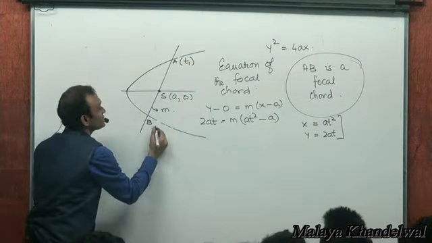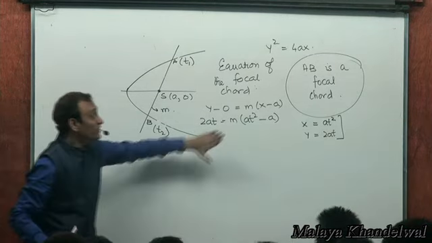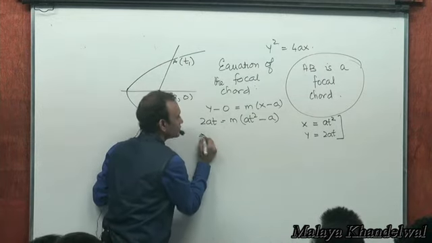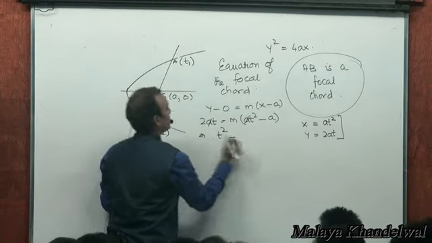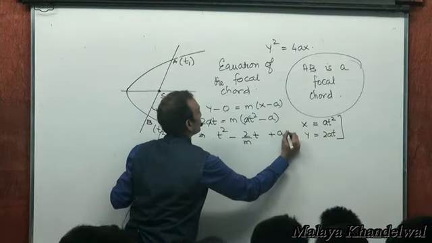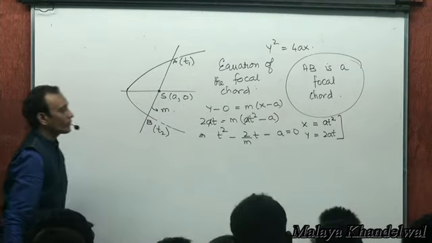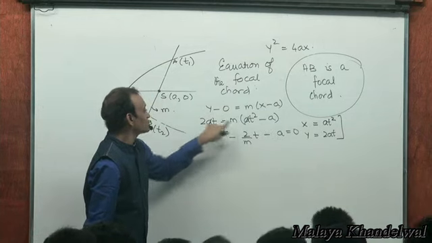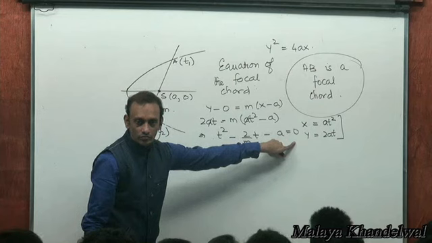T would be t1 for this and t2 for this, right? t1, t2 would be the roots of this quadratic in t. Which means, see, a gets cancelled. I end up getting t squared minus 2 by m into t minus 1 equal to 0.